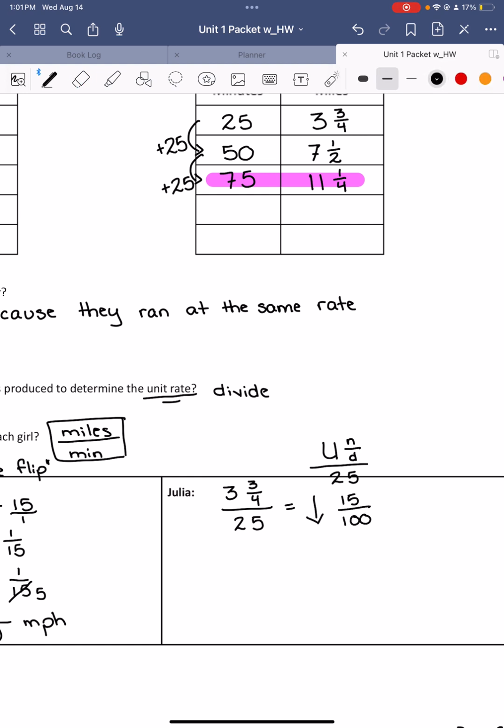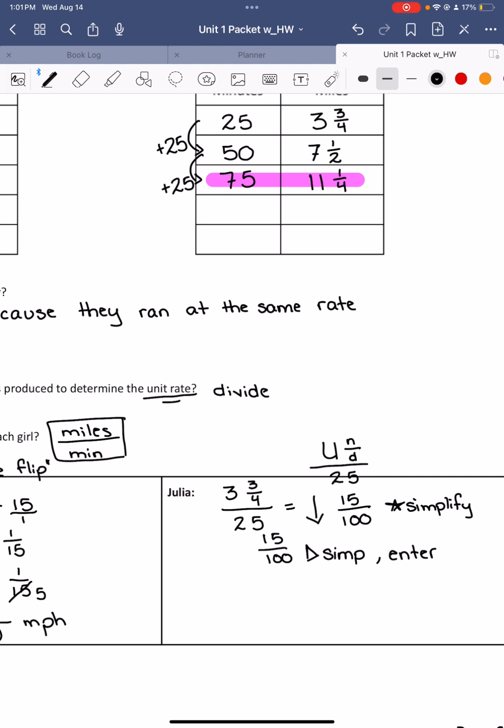What that means is this can be simplified. So I'm going to go ahead and find the button that looks like a little arrow with the words simp, and that's going to simplify my value. So I can go ahead and just press that. When I press that button, it's going to look like 15 over 100. And then I'm going to press enter.